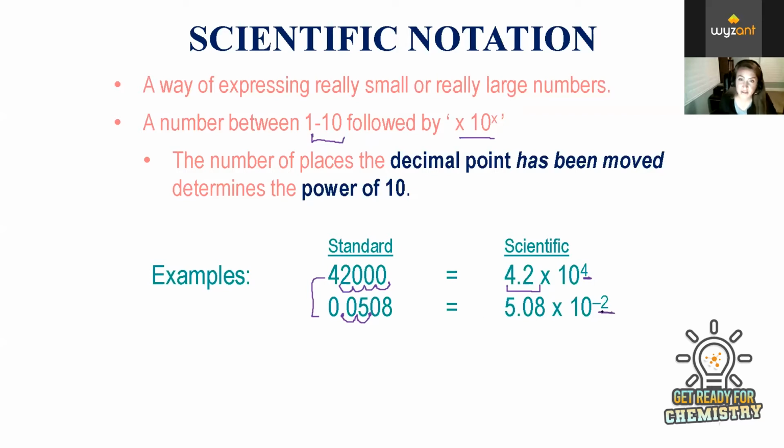Now, a trick that I like to show students is, because sometimes we don't remember, did I move it to the right? Is that positive? Is that negative? I like to just remember, and this is helpful for converting as well, that if you're making this number smaller, because we're going from 42,000 to 4.2, then we have to make this number larger.